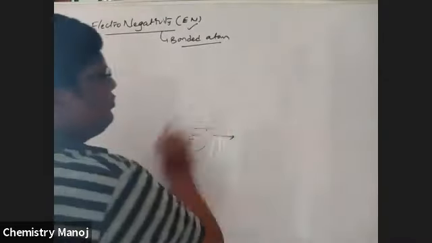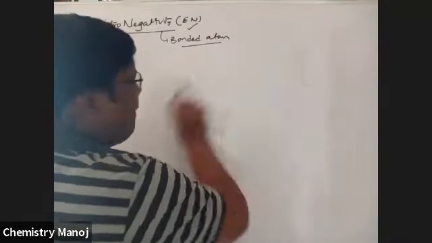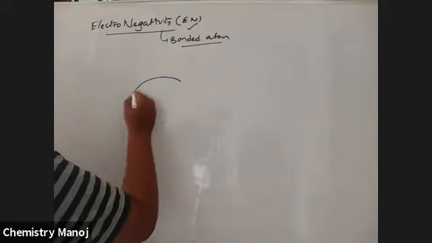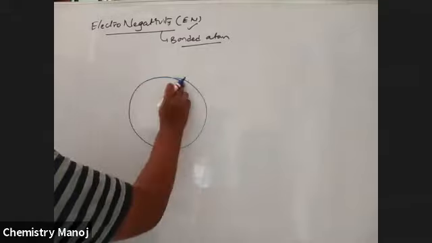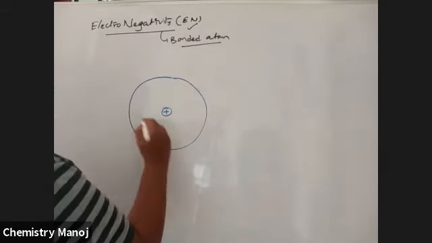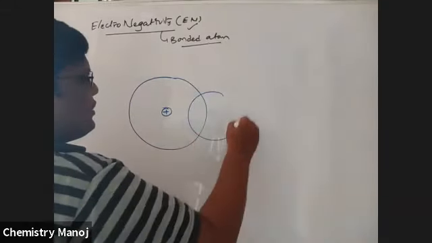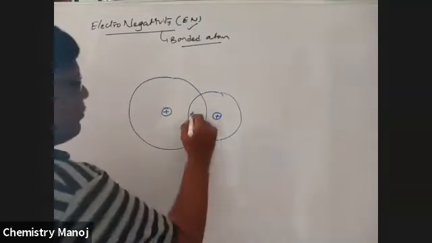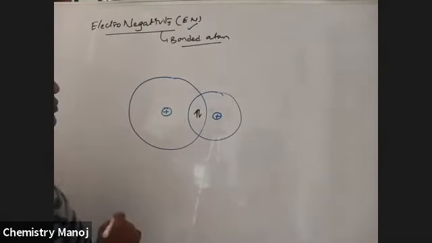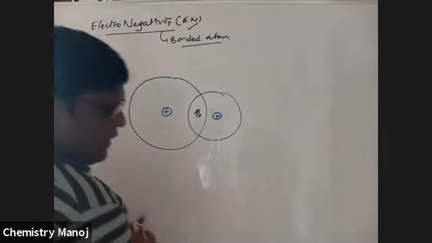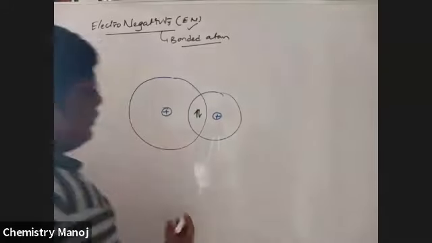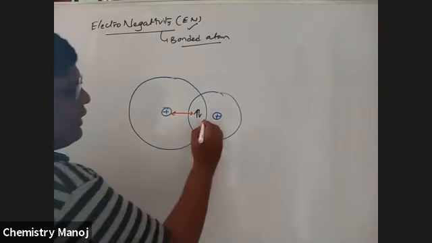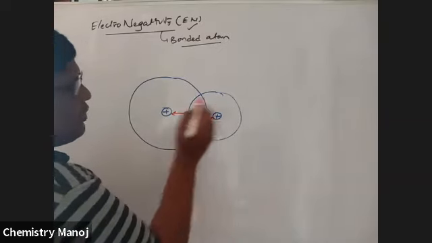See here, how is this possible? This is one atom having a bigger size, and this is its nucleus. This is another atom having a small size, and this is its nucleus. These are the bond pair of electrons. There is a large distance between the bigger nucleus and the electron pair, and a small distance between the smaller nucleus and the electron pair.